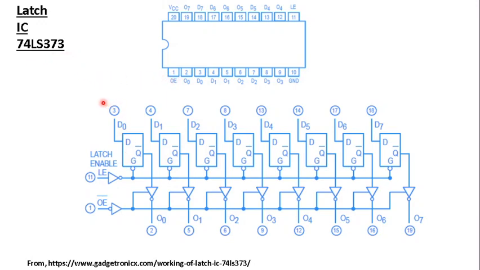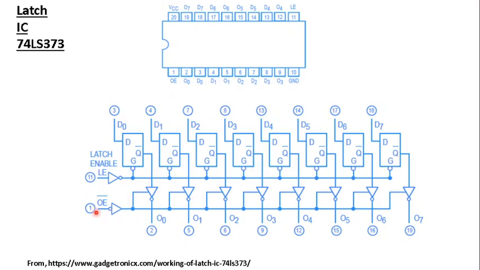In one such IC, we have 8 D flip-flops arranged in parallel, and the latch enable will enable these flip-flops. When the address latch enable signal from 8086 reaches here, it will enable all these flip-flops, and whatever address values are present across the inputs of the flip-flops will be latched into them.